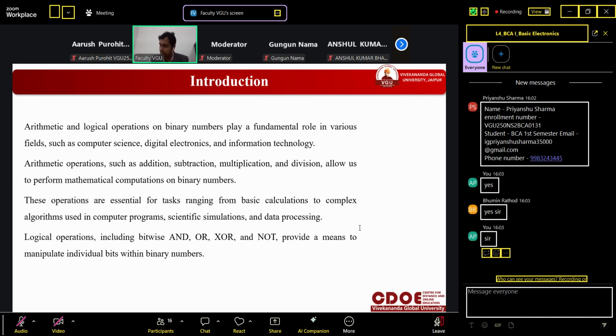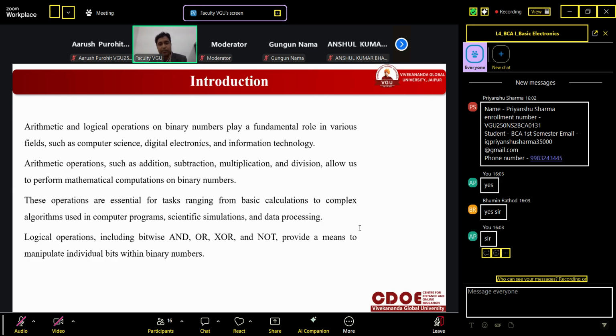So what is arithmetic and logical operation? Arithmetic operation means addition, subtraction, multiplication. If you are given any two, three or four numbers, how can we add them? If I give you two numbers, how can you multiply them?